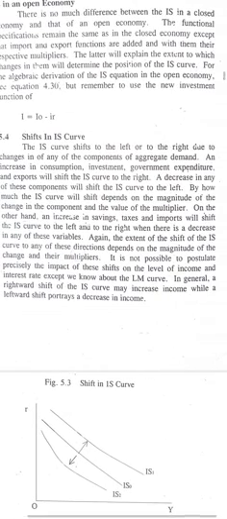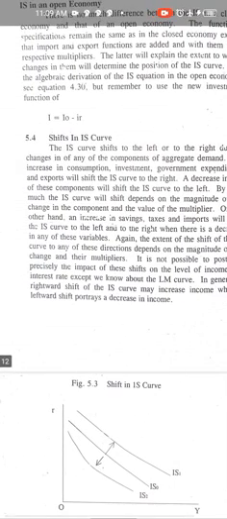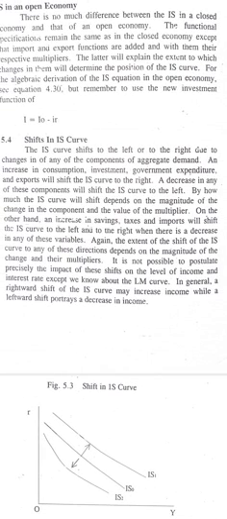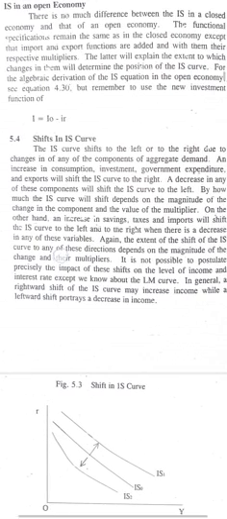An increase in consumption, investment, government expenditure, and export will shift the IS curve to the right. These are what we call the aggregate demand, the total expenditure. Aggregate supply is total income. What are the aggregate demand components of the economy? Consumption expenditure, investment expenditure, government expenditure, and exports.